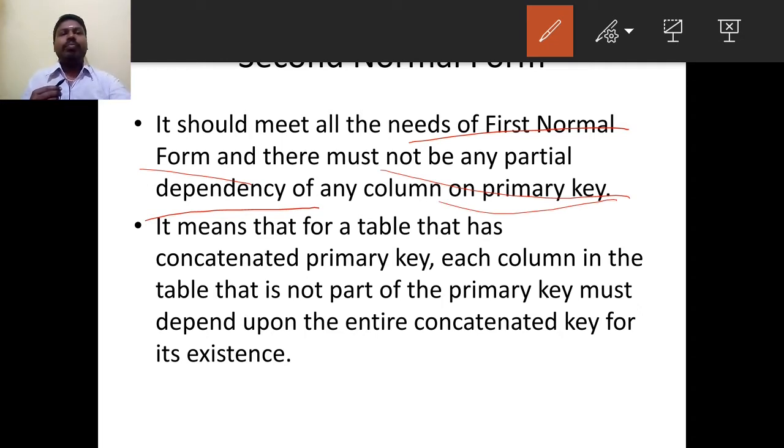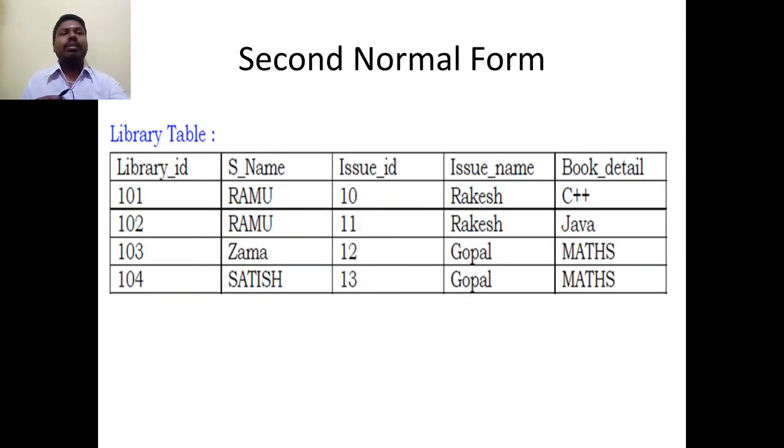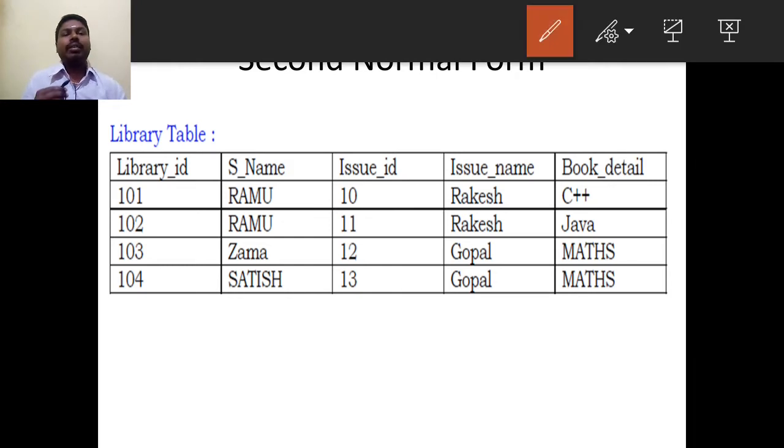It means that for a table that has a concatenated primary key, each column in the table that is not a part of the primary key must depend on the entire concatenated key for its existence. It is too simple. We will see one small example so that you can understand.